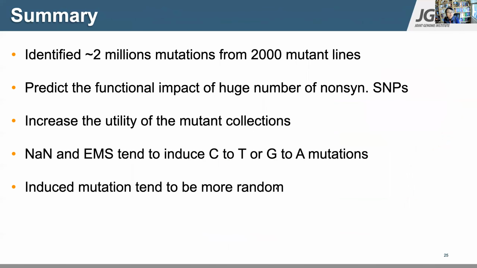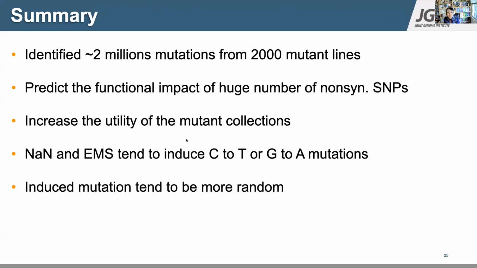Okay, let's summarize the results. We identified 2 million mutations from 2,000 mutant lines, and we predicted the functional impact of the huge number of non-synonymous SNPs. This will increase the utility of the mutant collections.